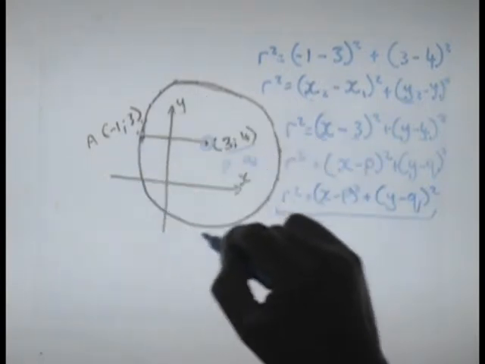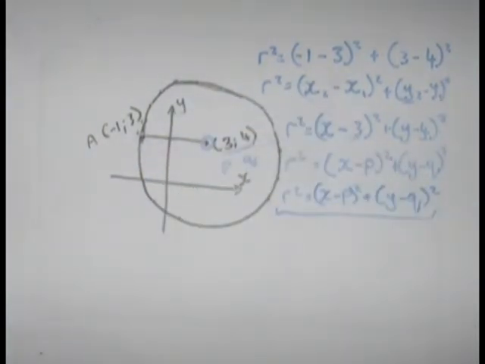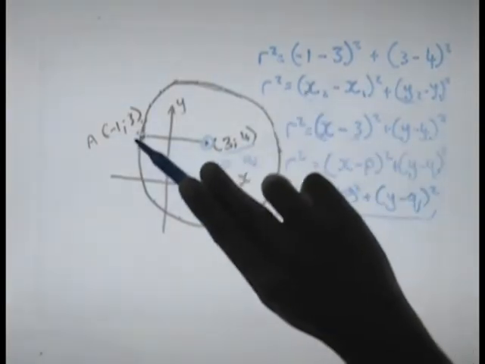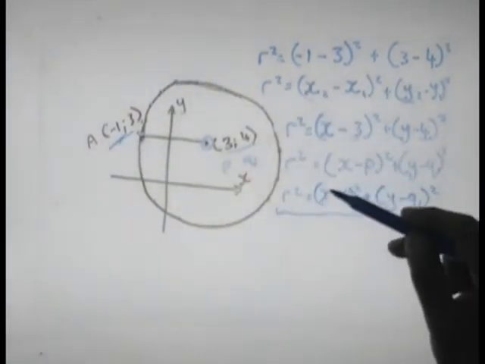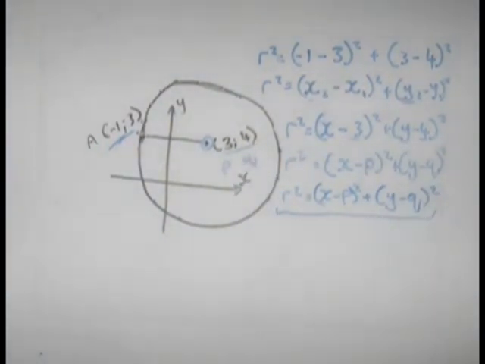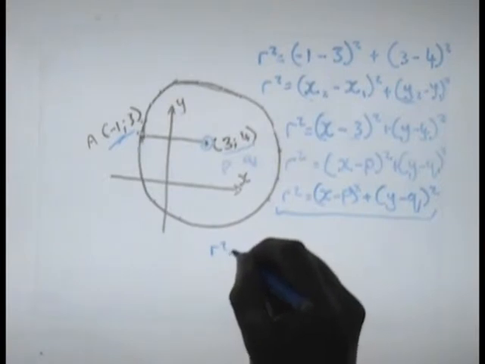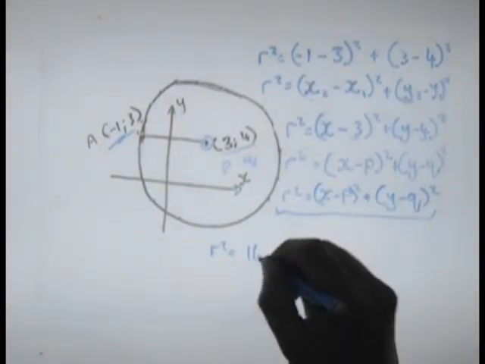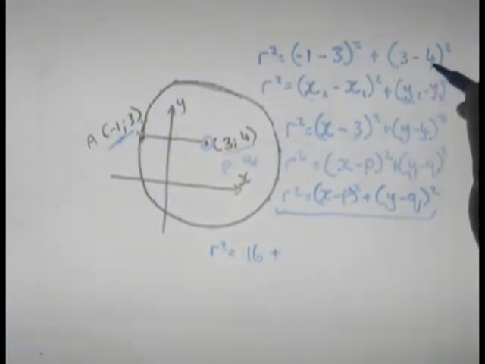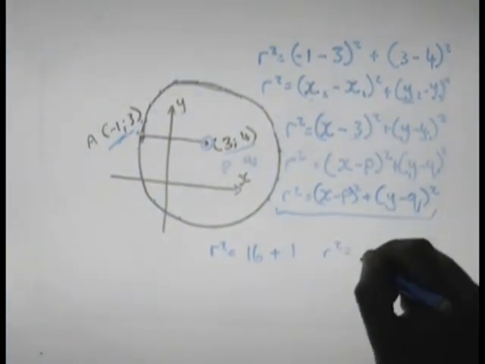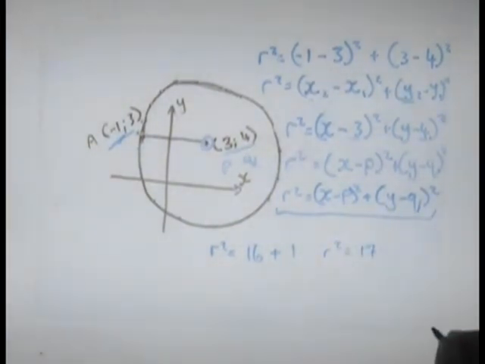Problem with this though is, well, this is the standard equation. In relation to this example, to get r squared, I'm just going to substitute a point into x and y. P and q are constants that are never going to change. So that means that r squared will equal minus 1 minus 3 is minus 4 squared is 16. 3 minus 4 is negative 1 squared is 1. That means that r squared in this case is equal to 17.